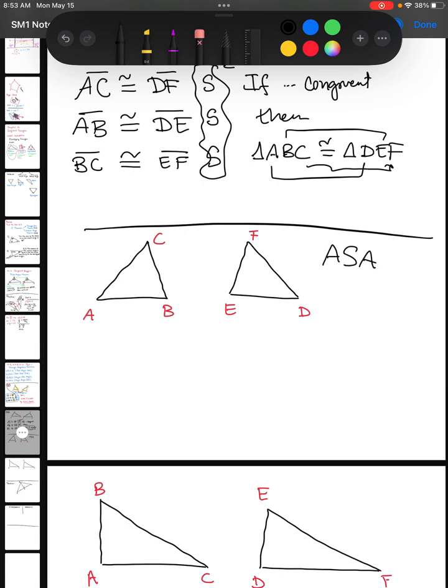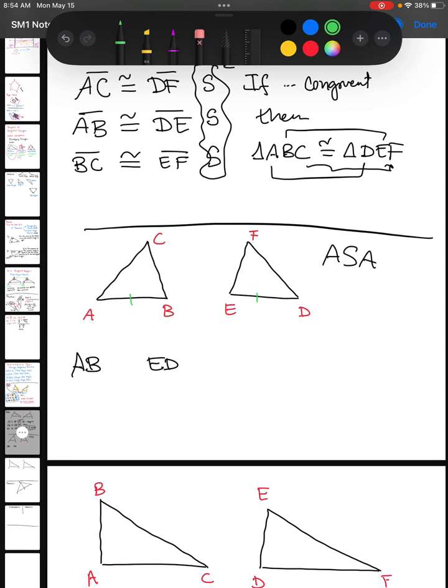So question, right now, are these triangles congruent? They're not, because nothing is indicating that they are congruent. But let's begin. I know that AB and ED are corresponding, right? But now I'm going to make them congruent.